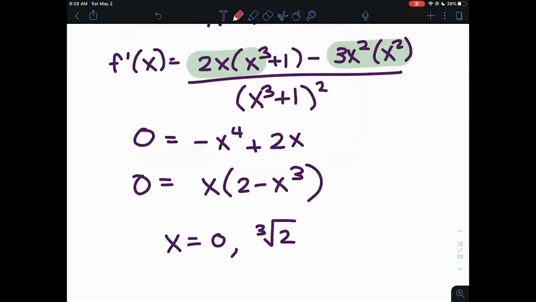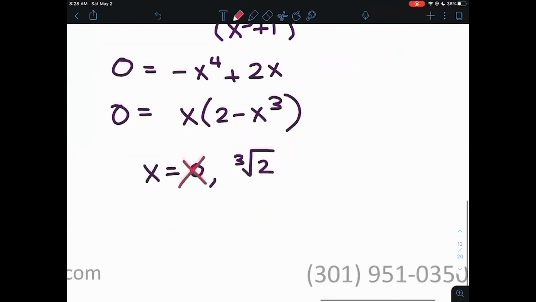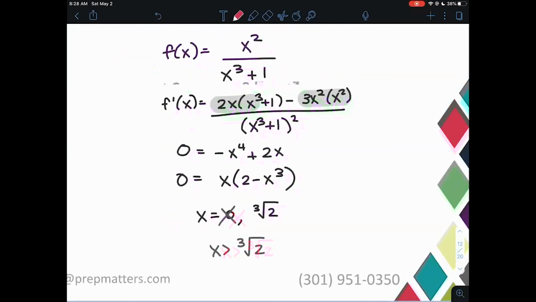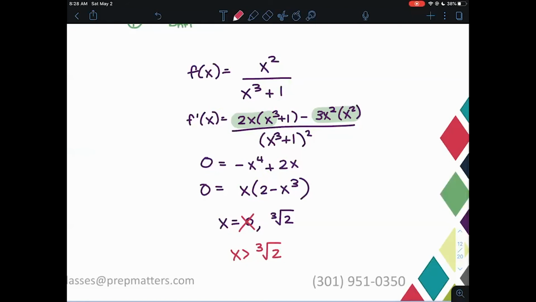Because we are looking at values of n that are 1 or greater, positive values of n, we don't really care about this. And we want to then know what's happening when x is greater than the cube root of 2. We could set up a sign chart. We could go through all of our unit 5 stuff here. Or we could just evaluate our derivative at some value of x that's greater than 2.